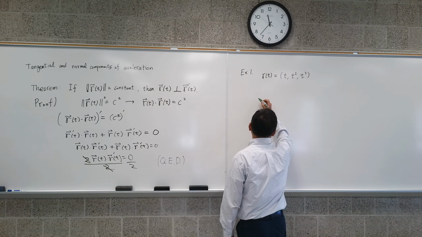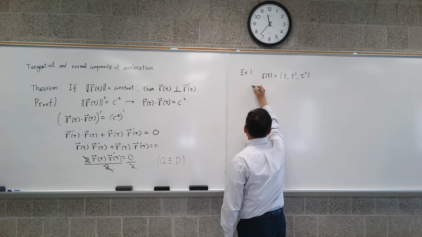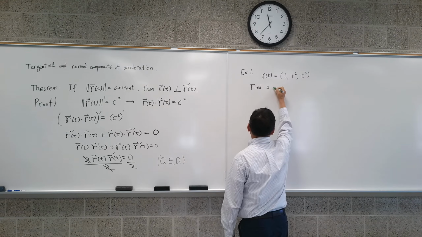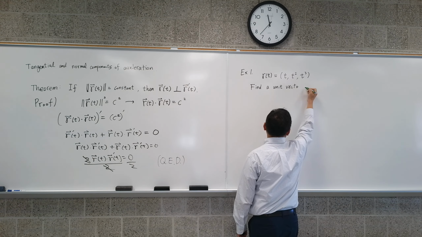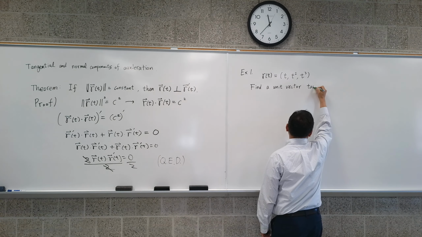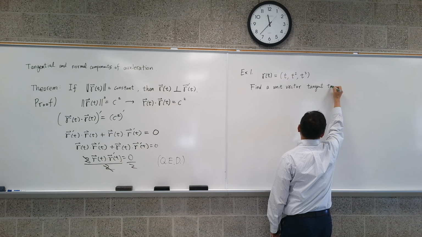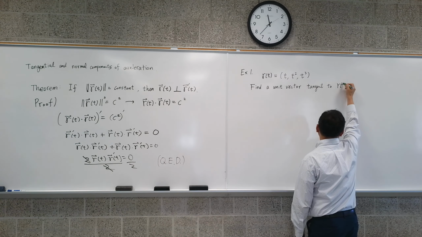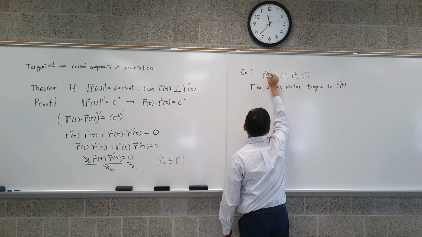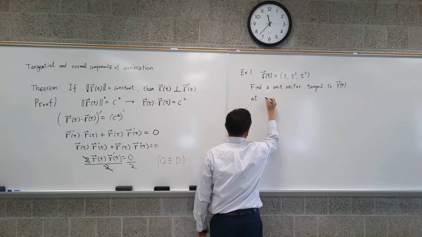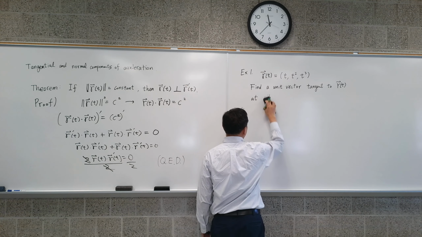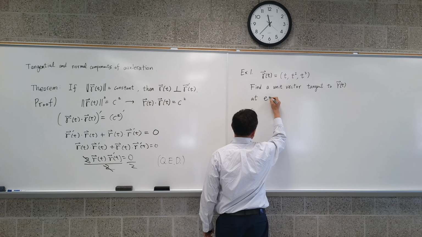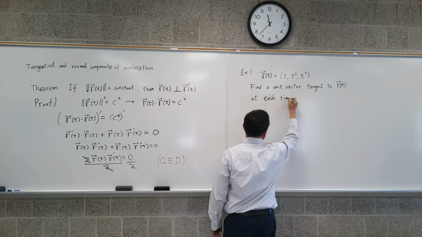So find a unit vector tangent to r(t) at each time t.